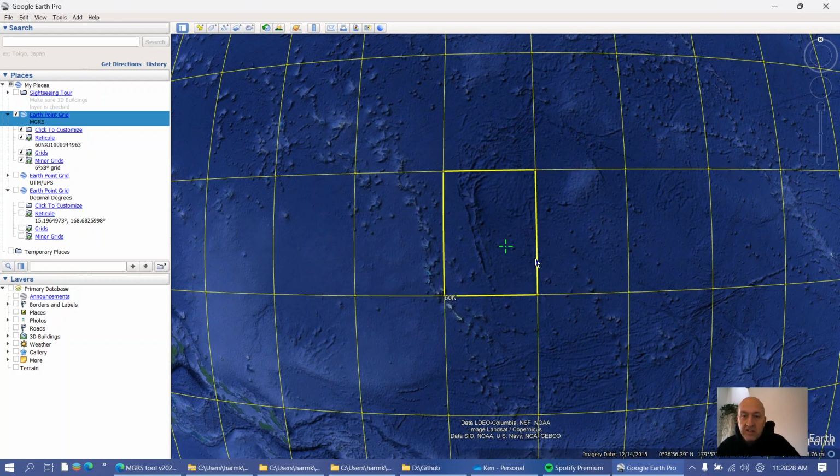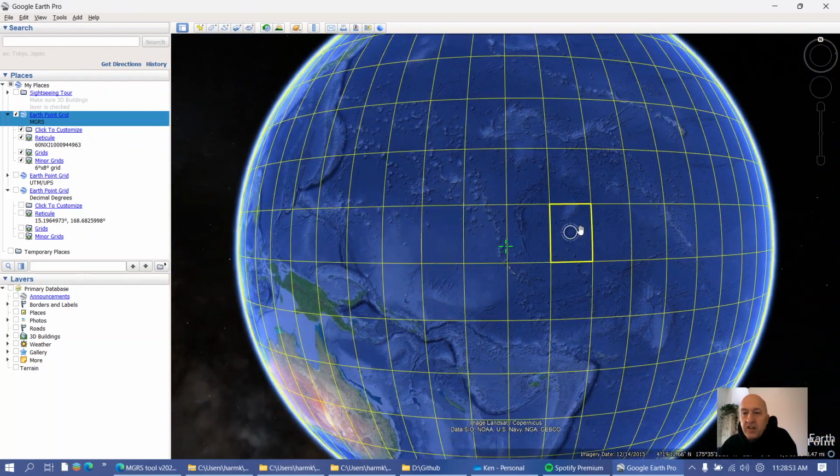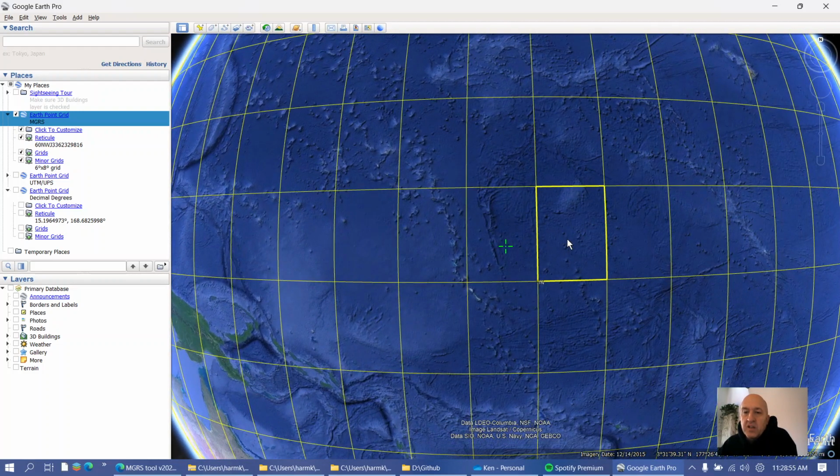So 0 degrees latitude, 8 degrees latitude. You can kind of see that down here in the corner. And this is 8 degrees latitude, negative 174 degrees longitude. So each one of these pseudo-rectangles is 6 degrees wide by 8 degrees tall.